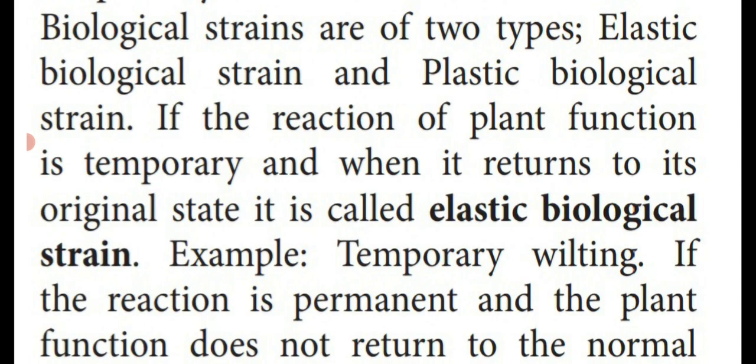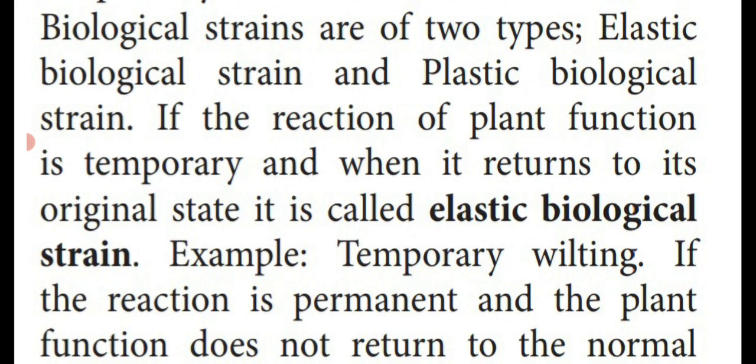So what does elastic mean? If you take a rubber band, stretch it and release it, it comes back into the original position, isn't it? Likewise, the reaction of a plant function is temporary due to environmental stress, and once again it comes back to the original state.